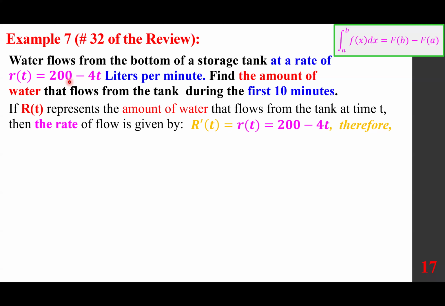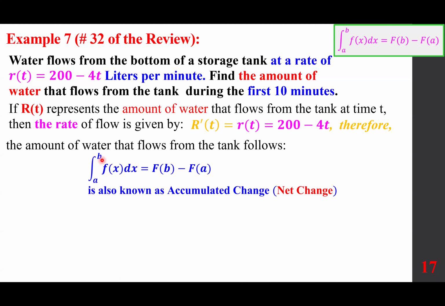So the amount of water follows what we call the net change theorem. The integral from a to b of f of x dx, which is capital F of b minus F of a, is also known as the accumulated change or net change theorem.